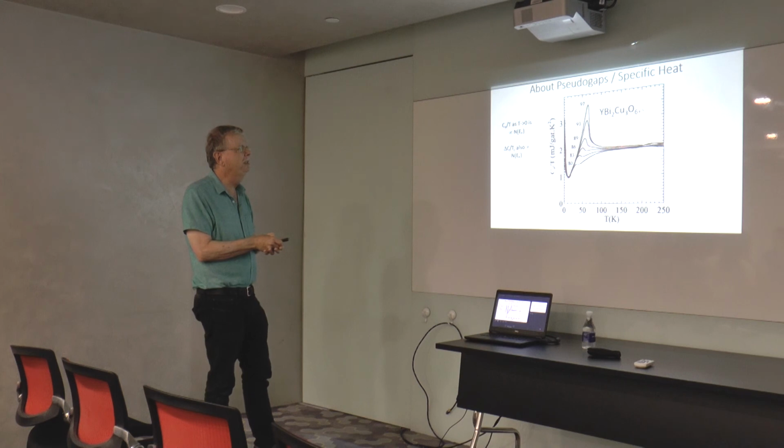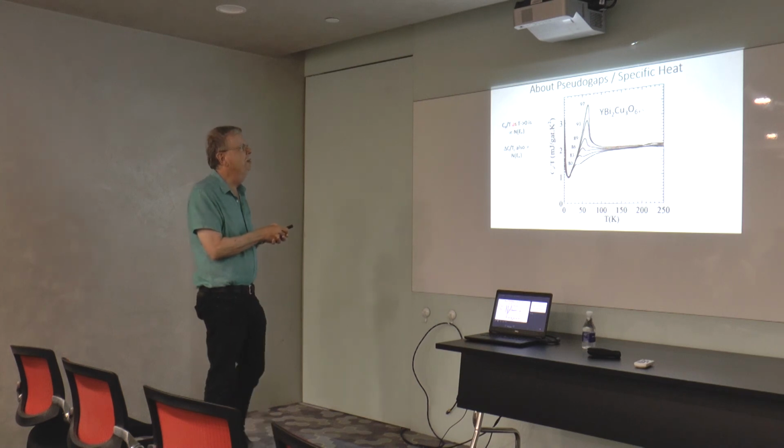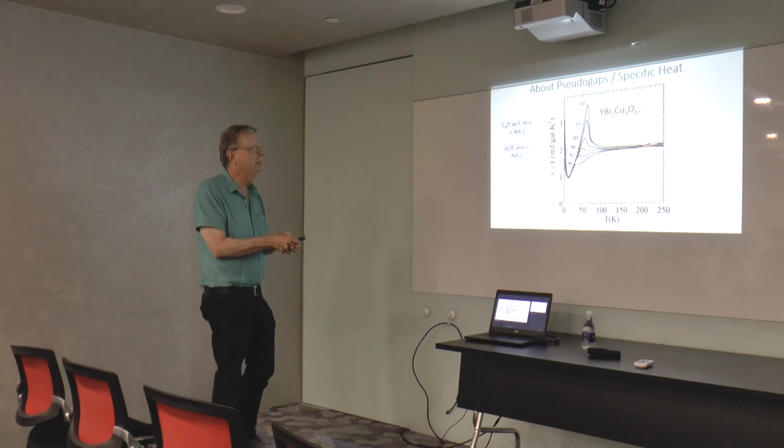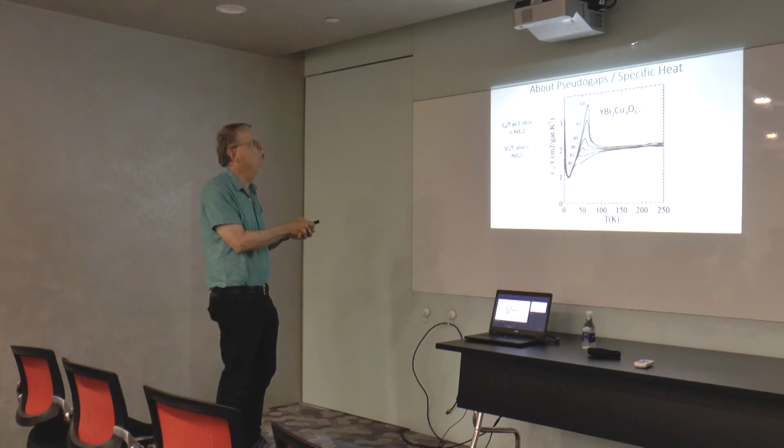But what you see here is two measures of the density of states at the Fermi energy. Obviously, the electronic specific heat divided by temperature as T goes to 0. That's this extrapolation from the normal state. Forgetting that there's superconductivity in the way, you take the normal state data and extrapolate, and this intercept down here, extrapolated at T equals 0, is proportional to the normal state density of states at the Fermi energy.